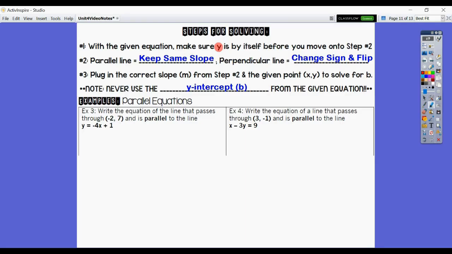If so, we keep the same slope. If the question's asking for a perpendicular line, we have to change the sign and flip to adjust the slope. For step number 3, we plug in the correct slope m from step number 2 and the given point as x and y to solve for b. It's so important that we never use the y-intercept from the given equation.